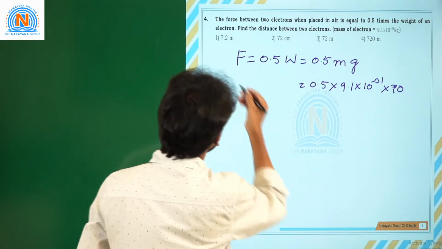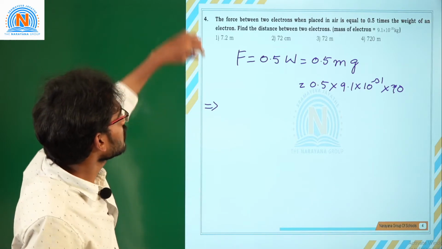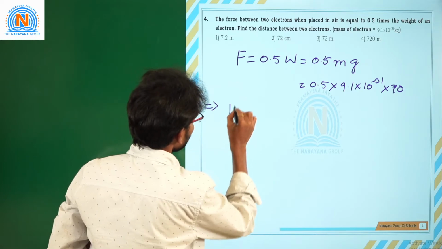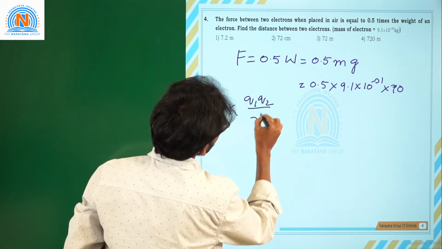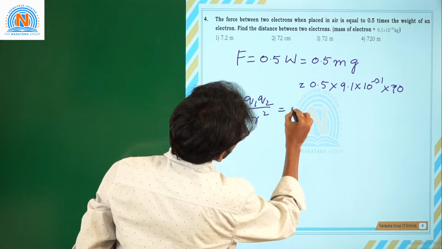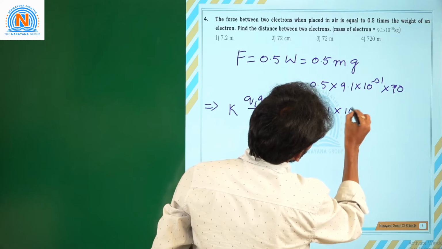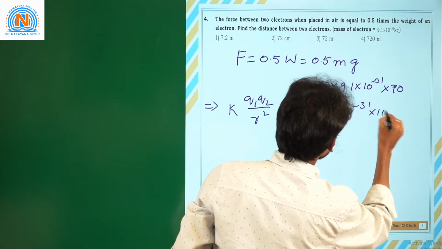Now F is actually the electrostatic force between these two electrons, that is K into Q1 Q2 by R square, which equals 0.5 into 9.1 into 10 power minus 31 into 10.